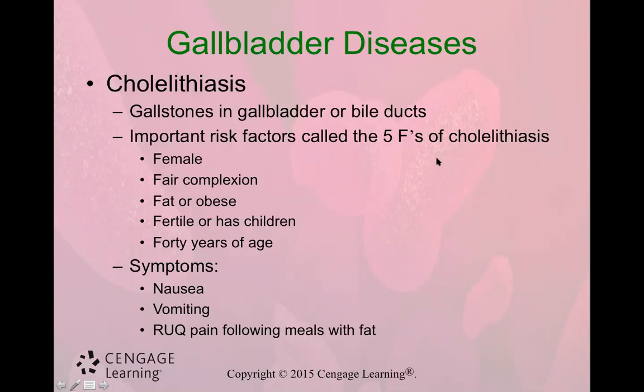The 5Fs of cholelithiasis: female, fair complexion, fat or obese, fertile or has children, and 40 years of age are risk factors for gallstones in the gallbladder or bile ducts. The symptoms are nausea, vomiting, and RUQ pain following meals with fat.